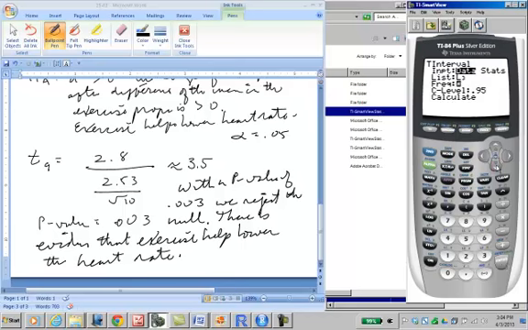Notice it's already set to L3. Let's go with the confidence level of 0.95 and let's hit calculate. So here's the standard deviation and the mean. D-bar is x-bar and so on. And so the confidence interval is from 0.99, call it 1, to 4.6.